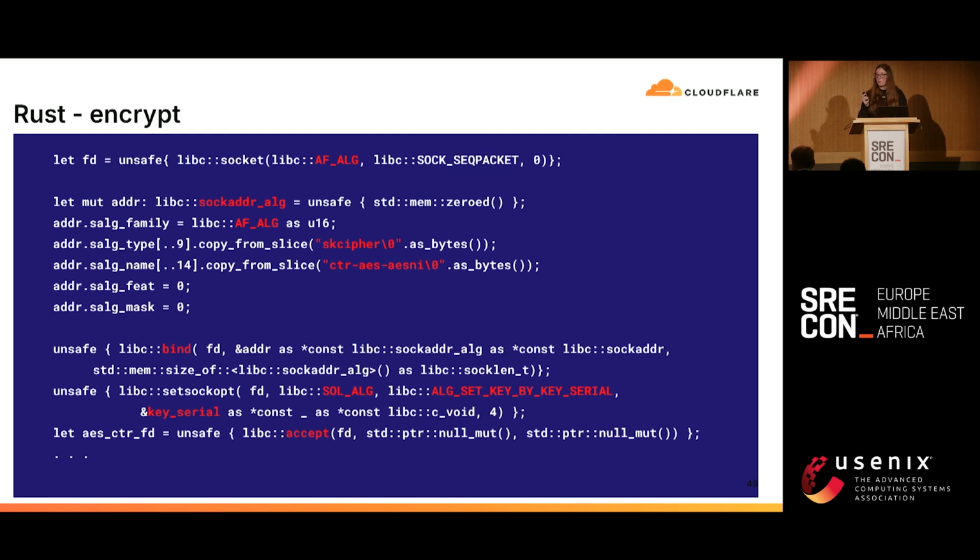After that we provide two parameters, skcipher and the algorithm. I'm using the driver name instead of the algorithm name. After that we bind on this socket, we set the key based on the serial number, and we accept the socket. And for the next step, we need to provide two parameters through auxiliary data, like we did for Golang, and exchange data with the Linux kernel.